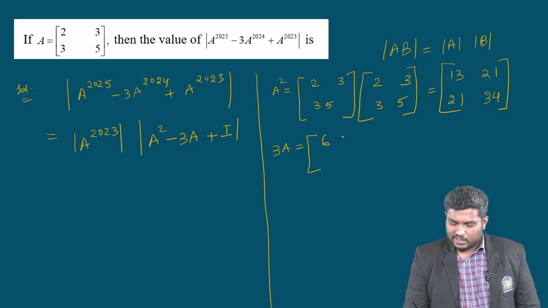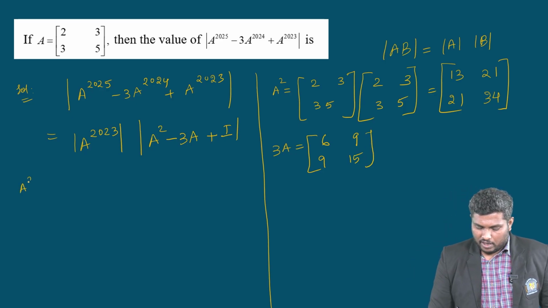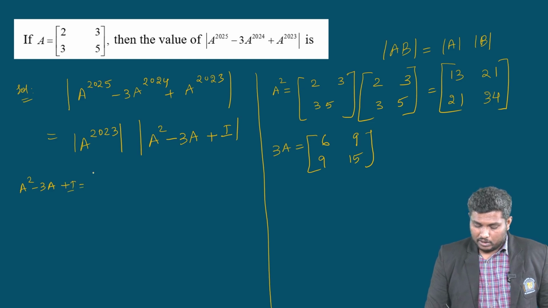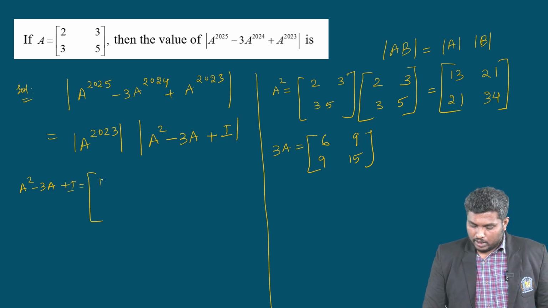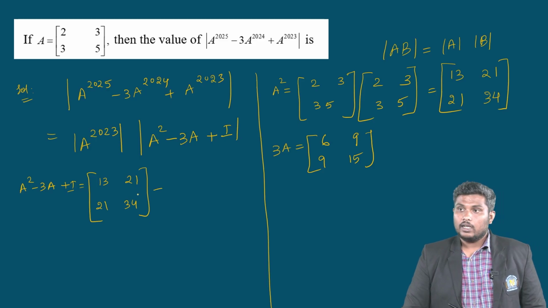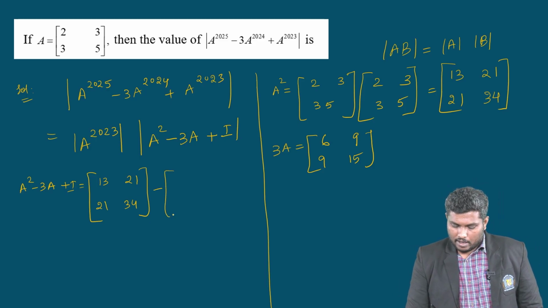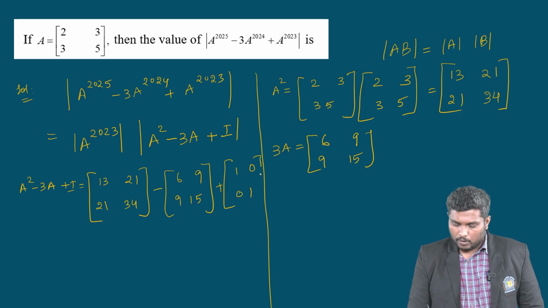So what about 3A? 3A is 6, 9, 9, 15. Now I'm going to find the value of the matrix A square minus 3A plus I, which is equal to [13 21; 21 34] minus 3A, which is [6 9; 9 15], plus [1 0; 0 1].